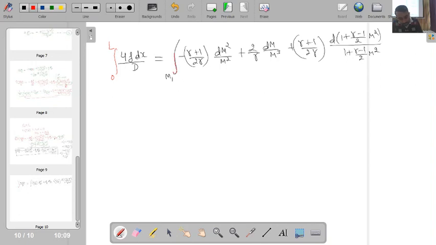Why? Because at x equal to 0 our upstream Mach number is M1 and at x equal to L our downstream Mach number is M2. So this we have to integrate from M1 to M2.